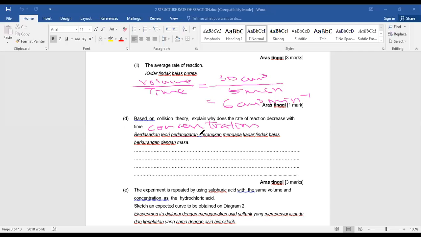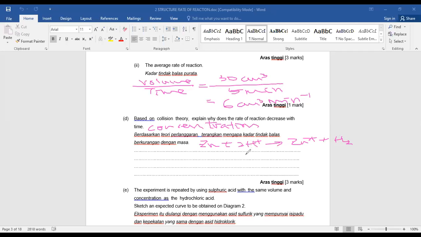Yesterday, I talked about the collision theory, where from the chemical equation, we are going to write the ionic equation. So from the ionic equation, we will find that the zinc atom will collide with the hydrogen ion to form the zinc ion and the hydrogen gas.